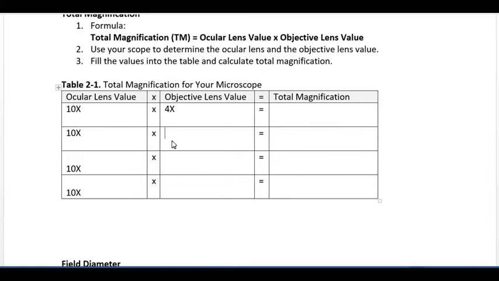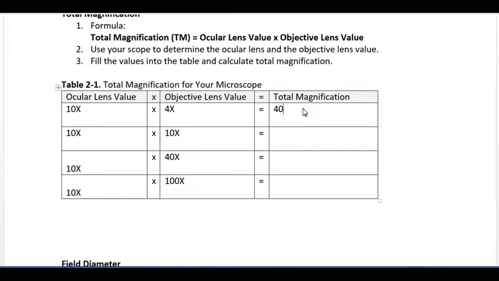Now on the microscopes that we use in our laboratory, the lowest objective is 4x, followed by 10x, and then 40x, and then finally 100x. To get total magnification, you just multiply the ocular lens magnification by the objective lens magnification.